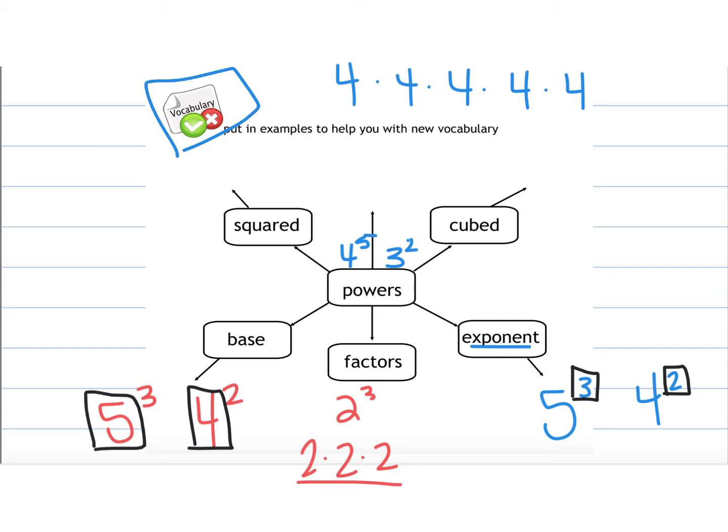Instead of saying 5 to the power of 2, we could say 5 squared. Or 2 to the power of 2, we could say 2 squared. And cubed, if we think of a cube that's 3-dimensional, cubed is when the exponent is 3. So instead of saying 4 to the 3rd power, we could say 4 cubed. Or 8 to the power of 3, we would say 8 cubed.